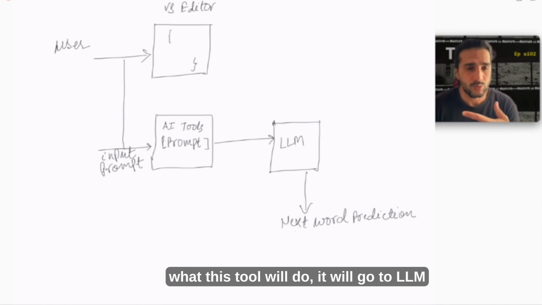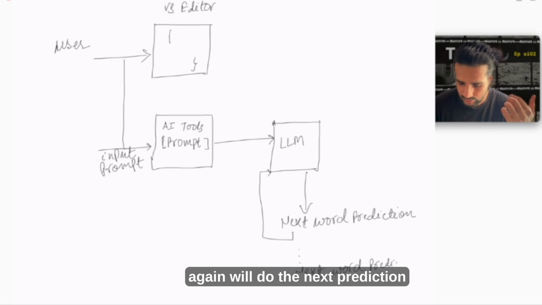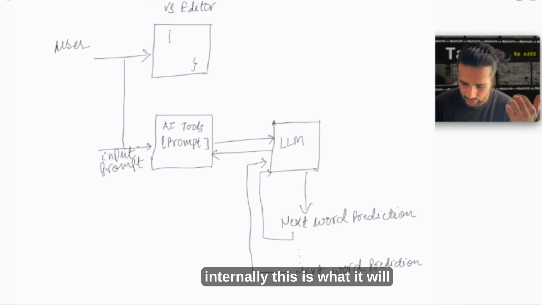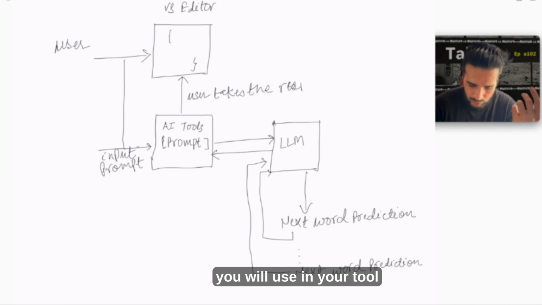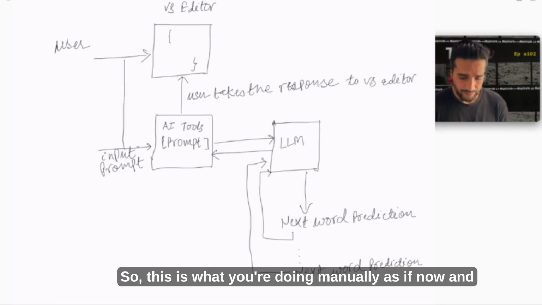So what this tool will do, it will go to the LLM, and the LLM again will do the next prediction. Internally, this is what it will do, and finally, you will get the response, and the same response you will use in your tool. Right? So this is what you're doing manually as of now.